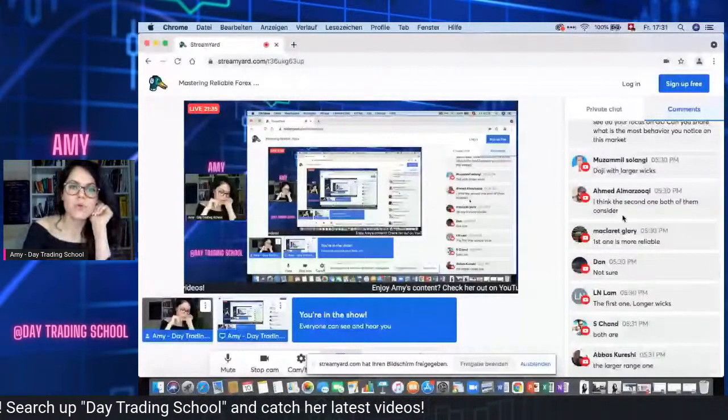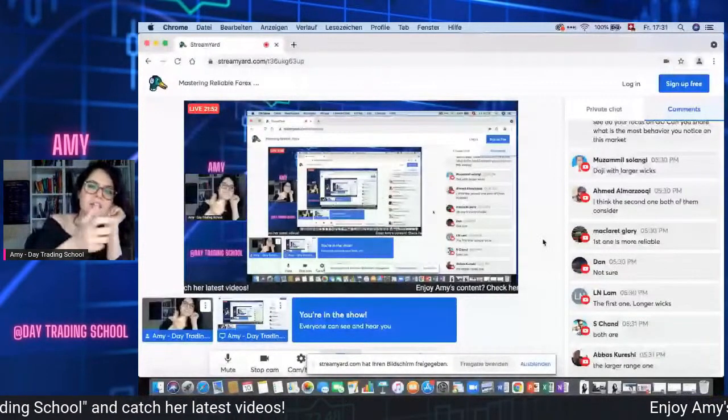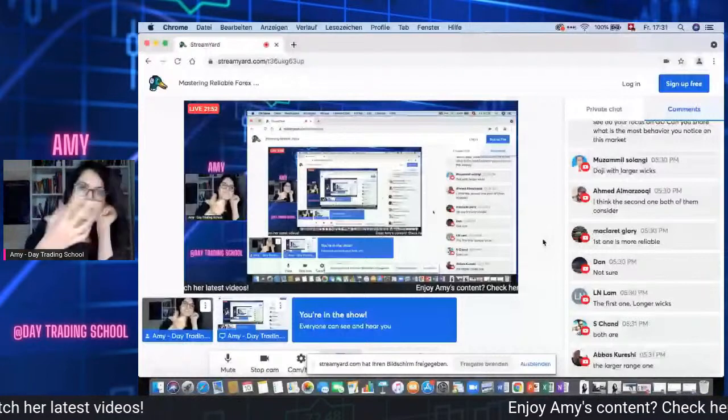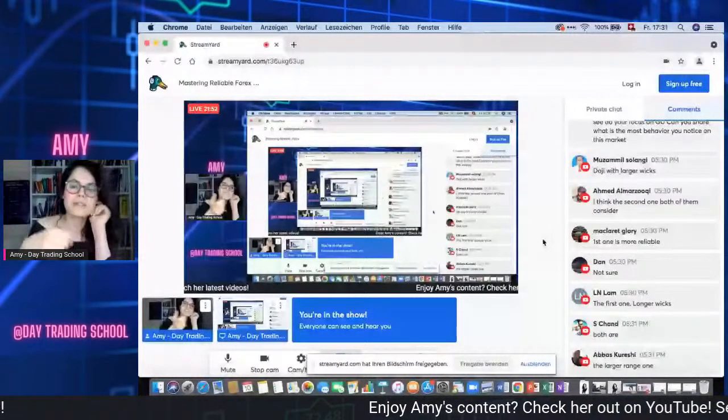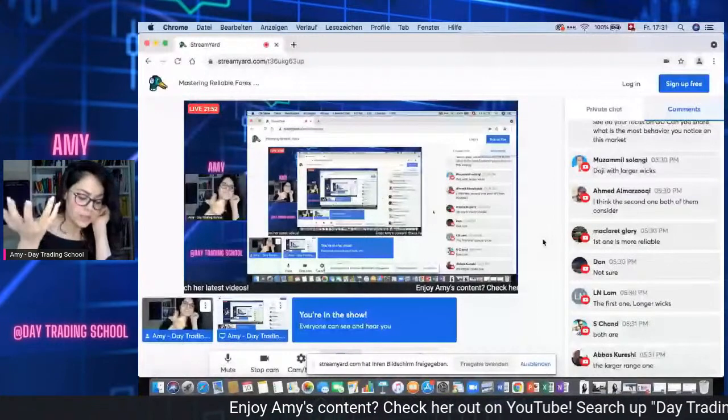That means not necessarily the color of the small body matters. Later on with a hammer, but it's more about the shadow, as you just said.